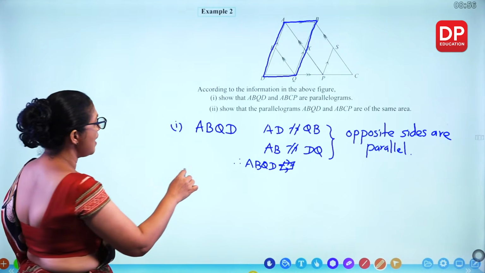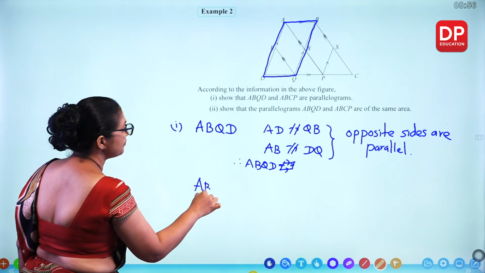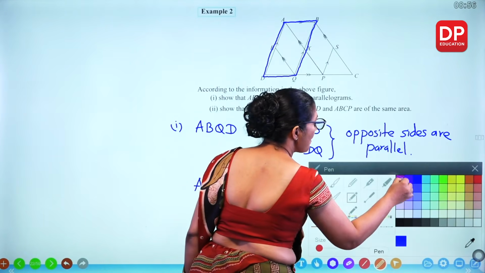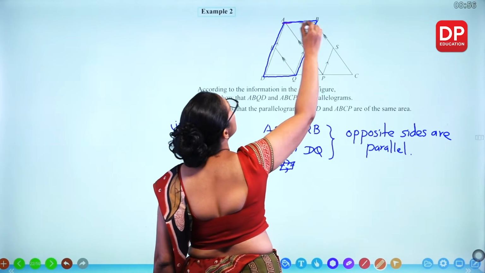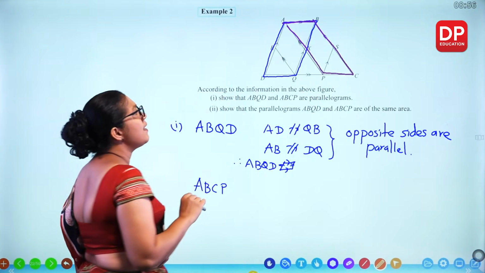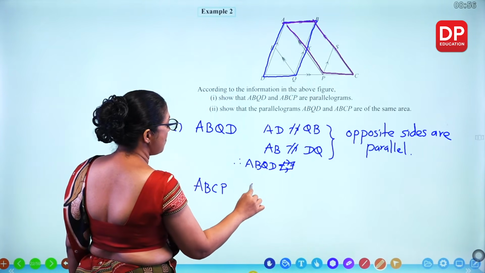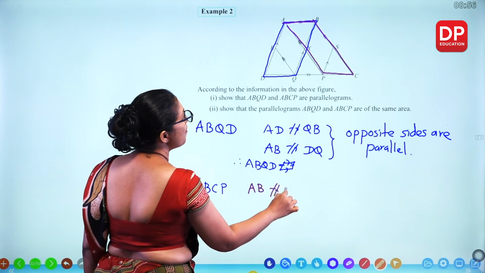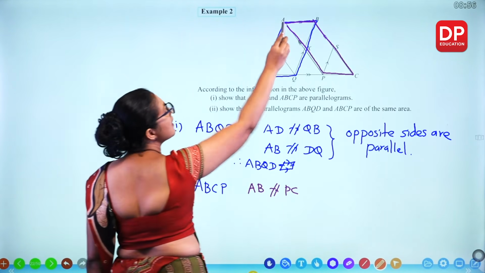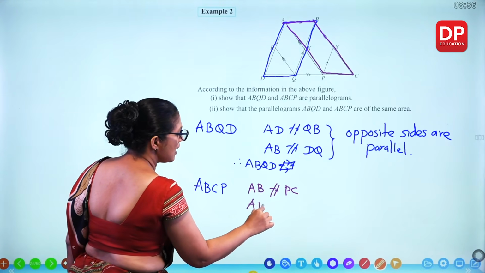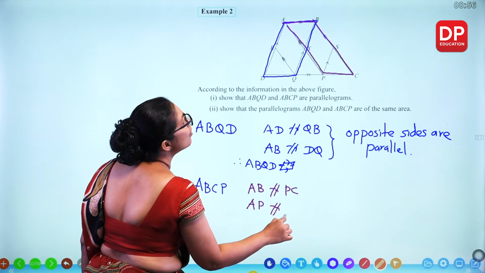Then ABCP. When you look at ABCP, ABCP is this one. Again, we can say AB is parallel to PC, this line, and AP is parallel to BC.